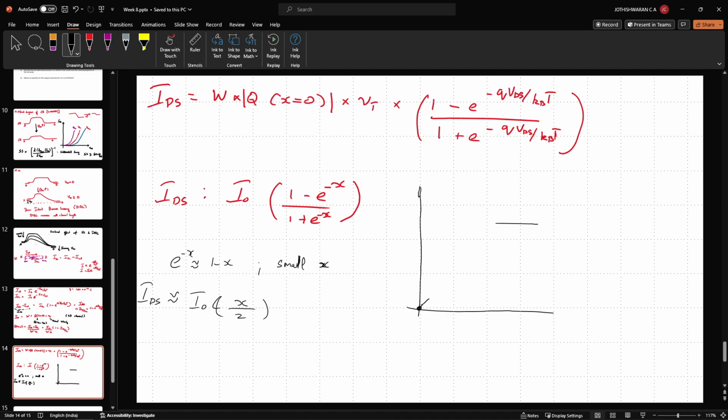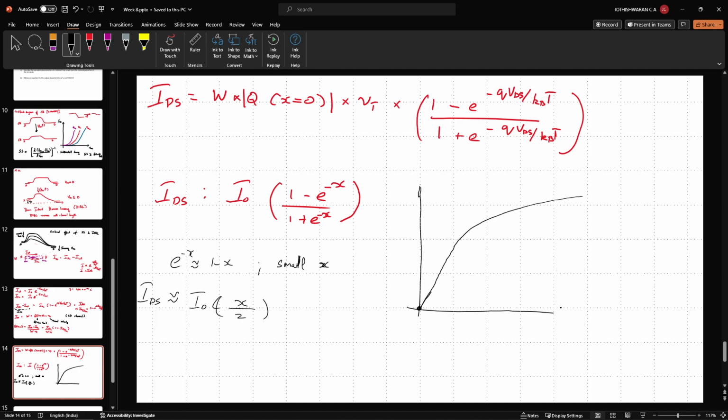So the graph will look something like this. It will be straight for the most part, then it will start saturating, and the slope will become smaller and smaller.